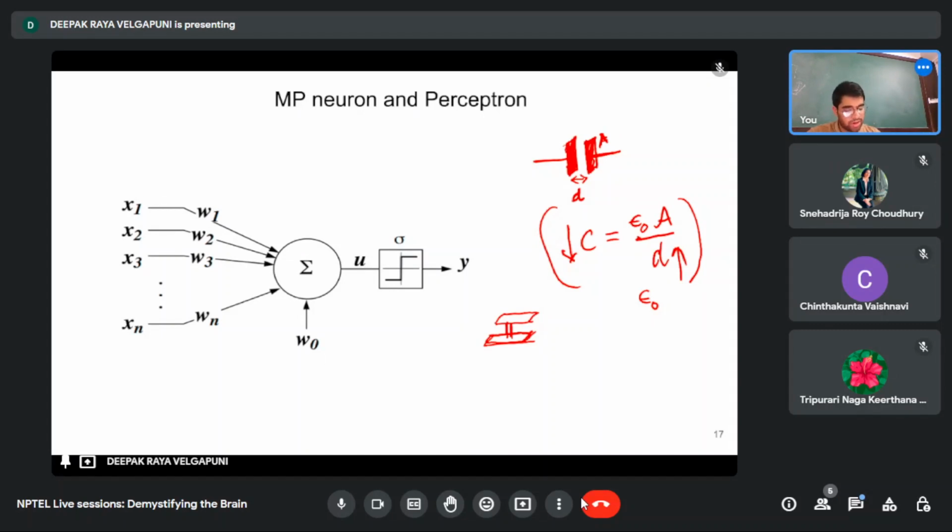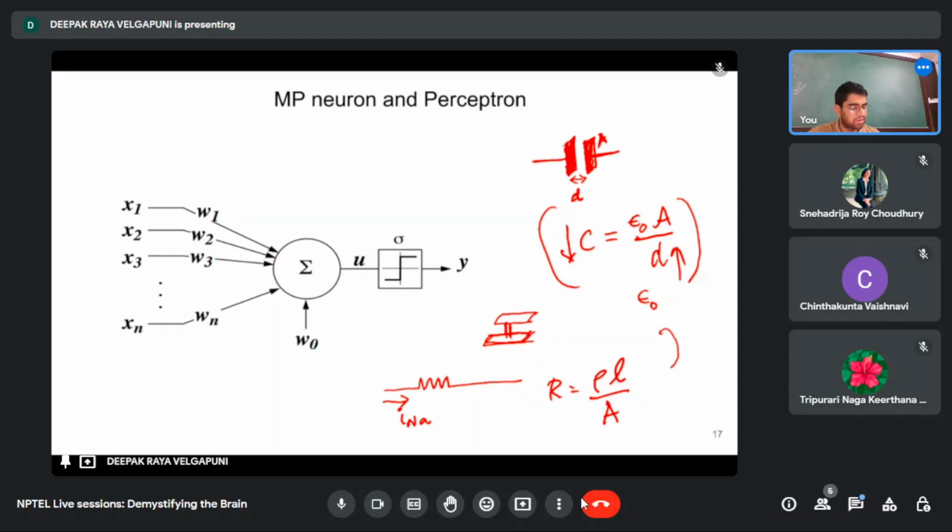Whereas when it comes to a resistor, there are ions flowing through a medium, let's say I_Na here. As the length increases, the number of obstructions also increases. So the resistance is given by some constant times the length of the path where the current flows, divided by the area of the conductor. This is just a schema.